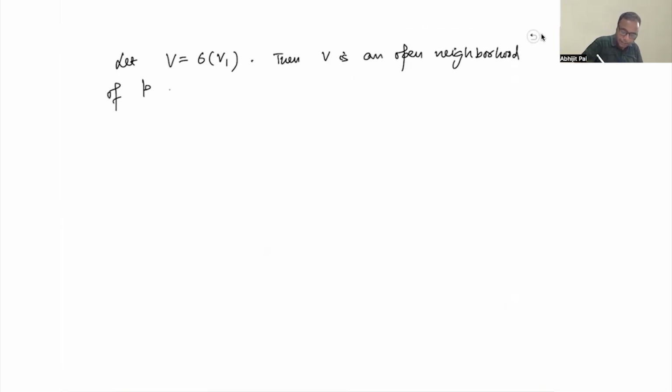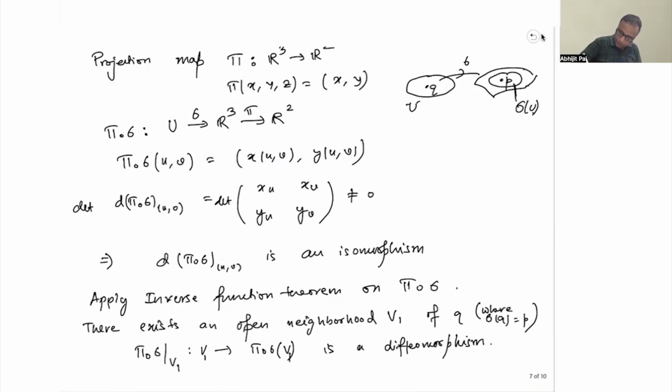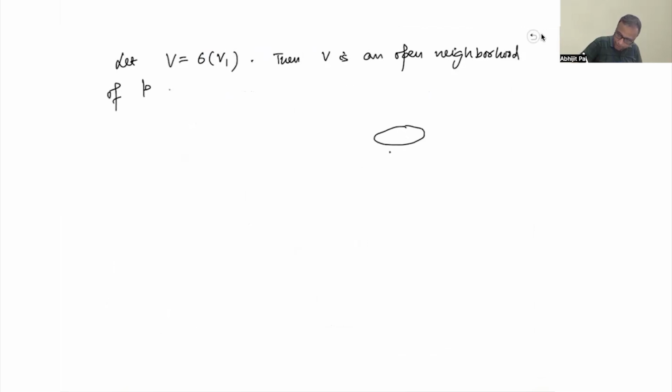Okay, and all right, so maybe I can just draw the picture here. So I have this B1 now, which contains the point Q, and it is going to this surface patch.